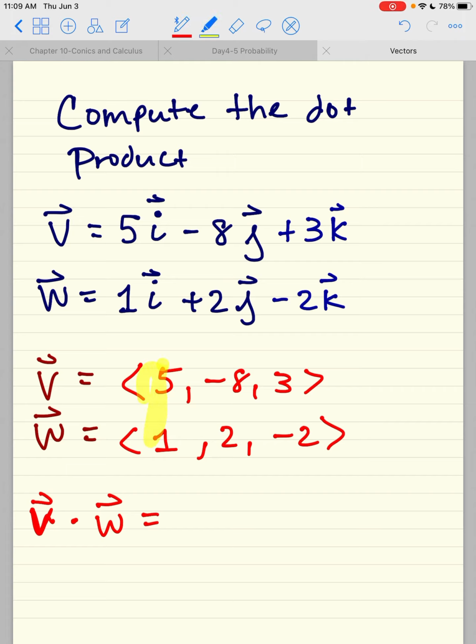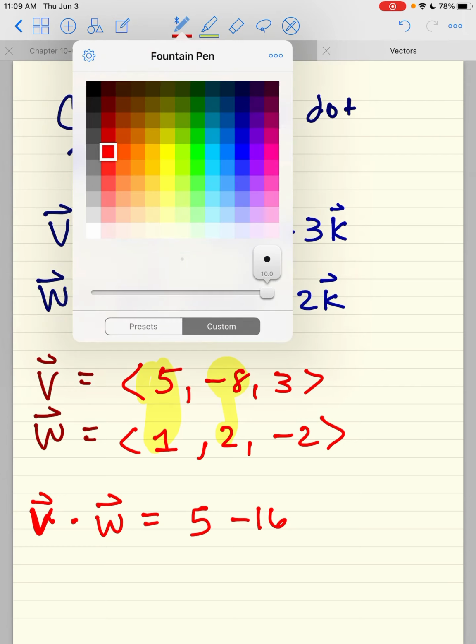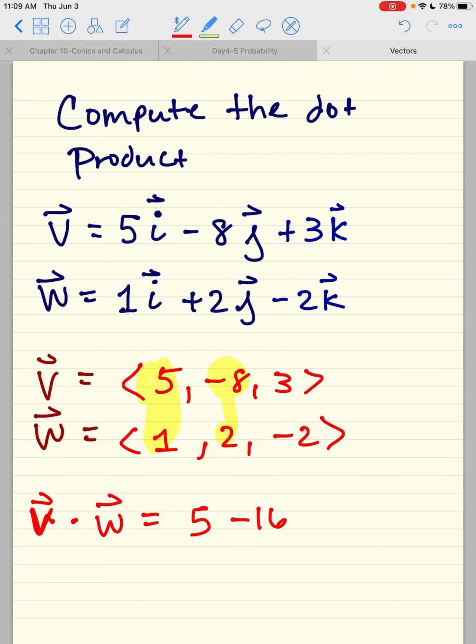We're going to start here and say 5 times 1, that's 5. Negative 8 times 2, that's going to be negative 16. And then 3 times negative 2 is negative 6. We're going to add those up. Negative 11 and negative 6 makes negative 17, and that's the dot product of the two vectors.